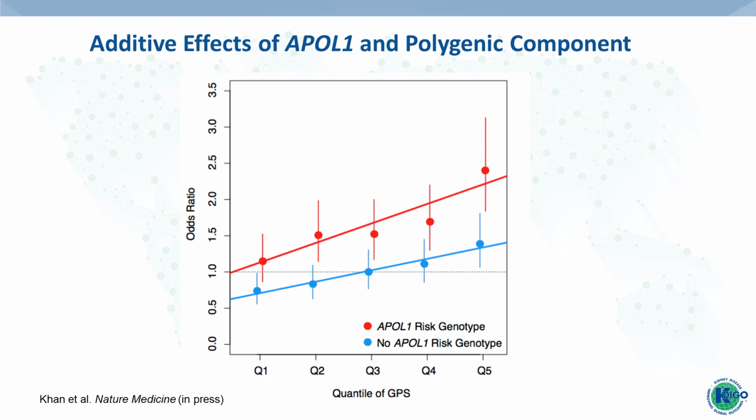This plot is based on 15,000 African Americans included in this study that were meta-analyzed across different cohorts. And you can see that the risk among those that carry the APOL1 risk genotype increases as a function of quantile of the genetic risk score. And it increases both in those with and without the APOL1 risk genotype. The effect seems additive, and there was in fact no significant interaction between the polygenic component and the APOL1 risk genotype.